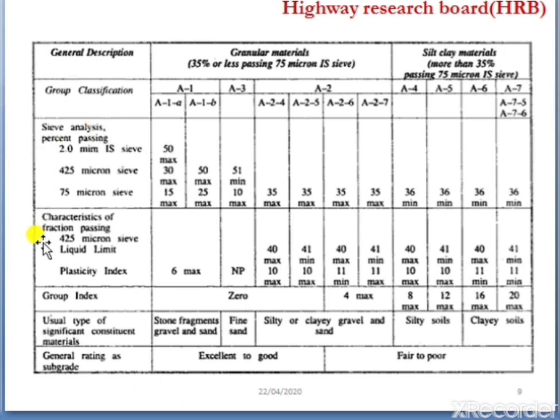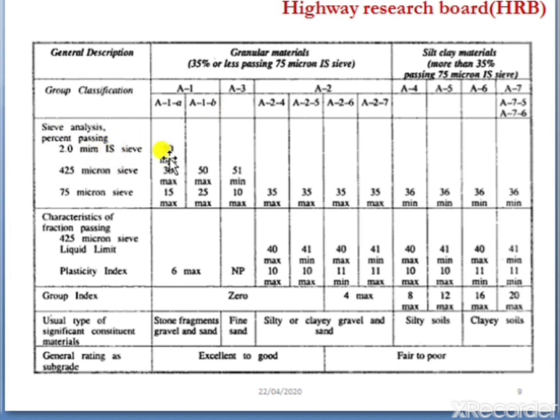The same thing is tabulated in this slide. Here you can see the group classification A1, which is subdivided into A1A and A1B. Here we can see the sieve analysis percentage passing. When we consider the 2 mm IS sieve, the maximum percentage of soil passing through 2 mm is 50%.